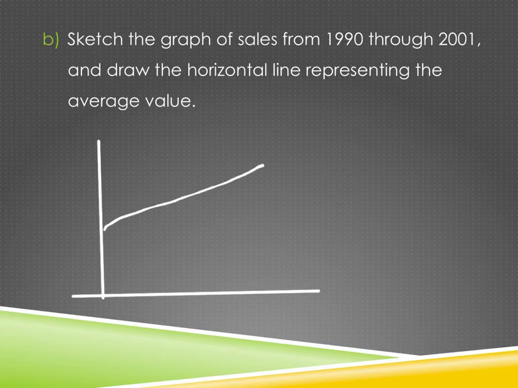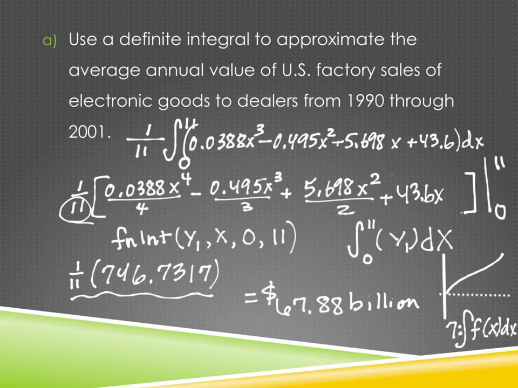Okay. In y equals, I would like for you to put in the actual answer when we divided by 11, the 67.88 billion. Is that what it was? Yeah, 67.88. I should have written 88.5. I'm so sorry. Should have been 885.